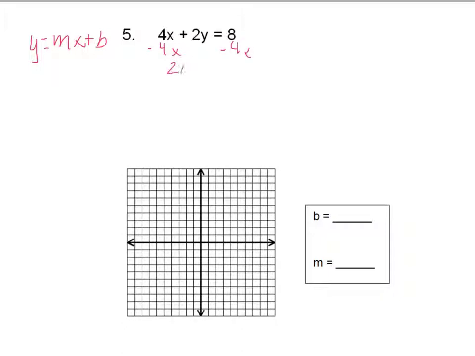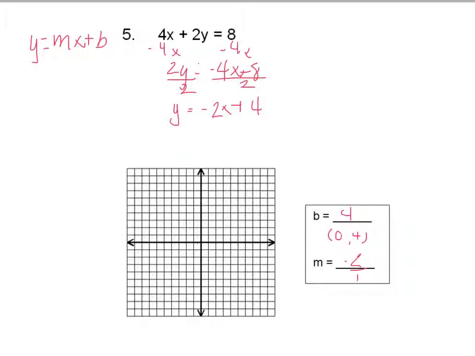So 2y equals negative 4x plus 8. Then you divide everything by 2. So y equals negative 2x plus 4. Alright, now that I have that written down, my y-intercept is 4, and my slope is negative 2.